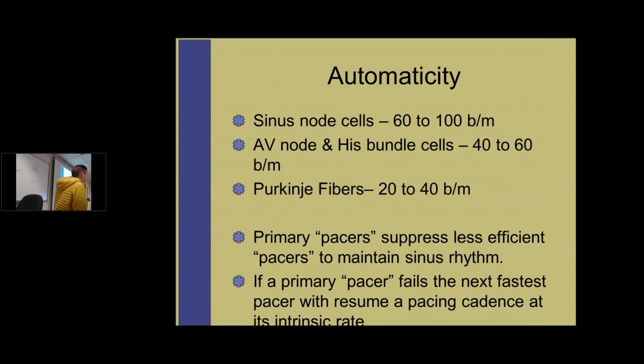The muscles are still connected together, so they'll still conduct, but you won't have that fast conductivity. The atrium will contract, and then there'll be a huge delay before the ventricle contracts. That's where you get that PR widening on the EKG.